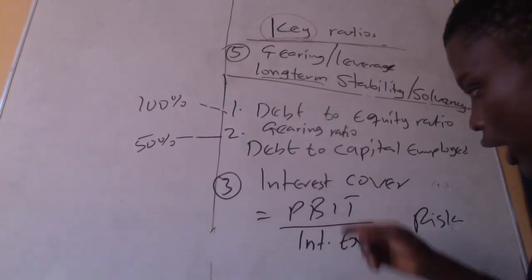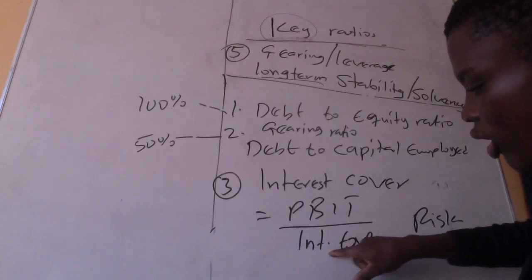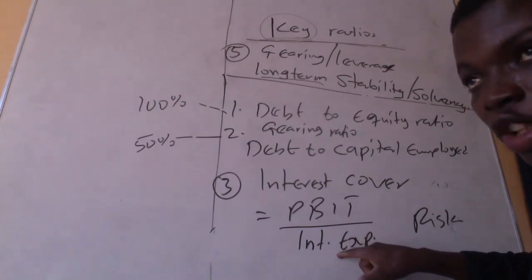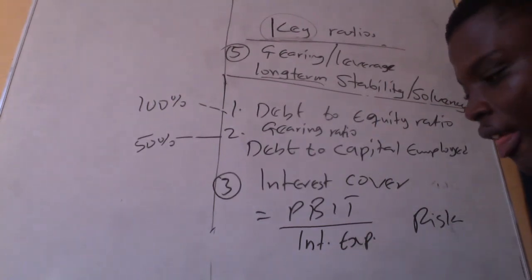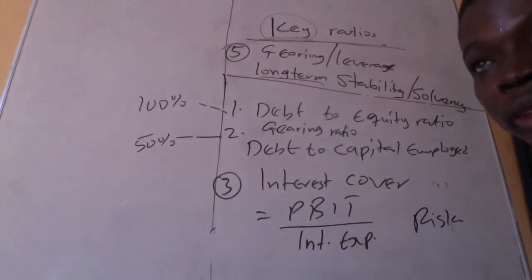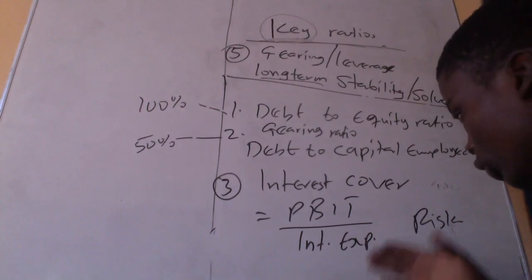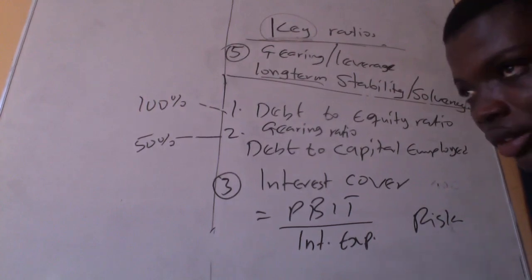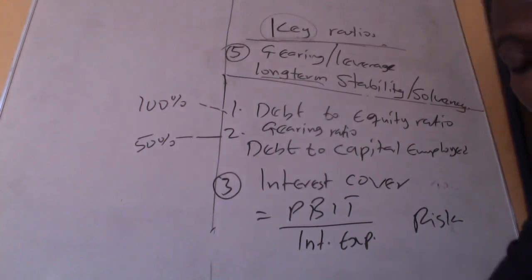Why? Because even your profit is not enough to pay off your interest expense, so few or no profit will be left for the owners for that particular year. So that's why shareholder dividend is at risk. So take note for us.